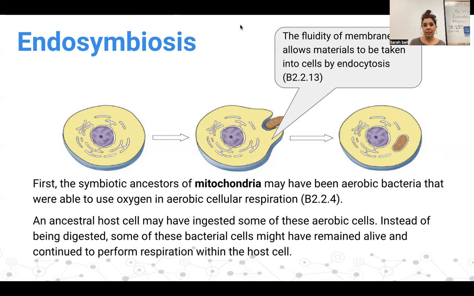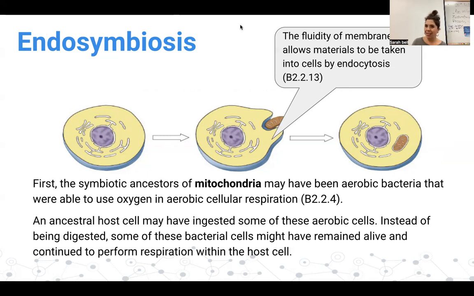But for some reason, this cell didn't digest it, and it actually remained alive inside the host cell and continued to do its job, which is cellular respiration. So from that, both cells actually ended up benefiting.